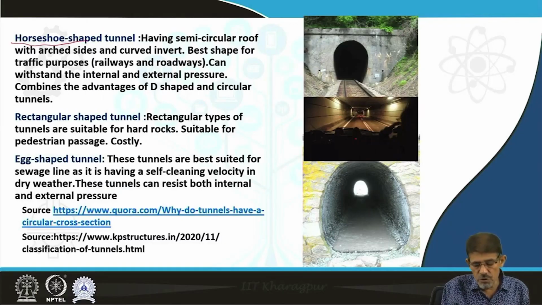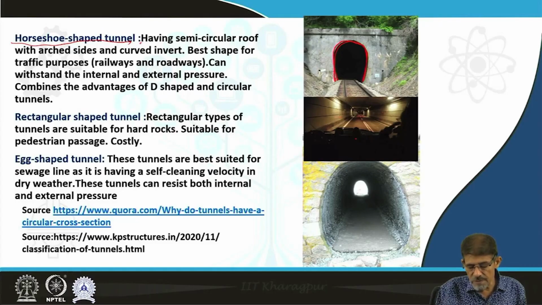Then the horseshoe shaped tunnel is a very suitable type of tunnel, close to the D-shaped tunnel and close to the circular tunnel. You can see here the shape of opening of such a tunnel is similar to a horseshoe structure.